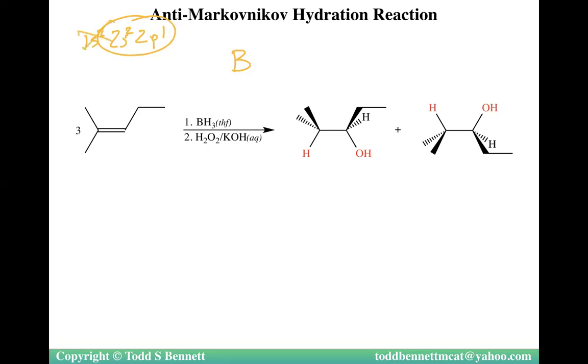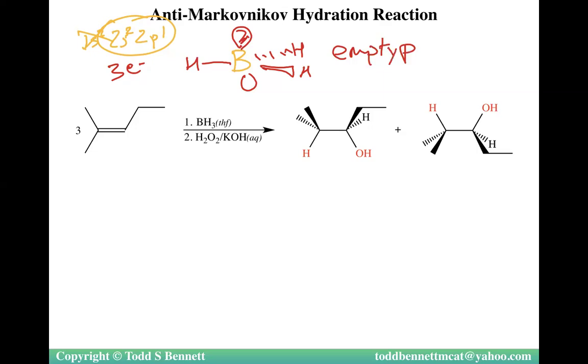It only has 3 valence electrons, which means it has H, H, and H, and what's referred to as an empty p orbital.